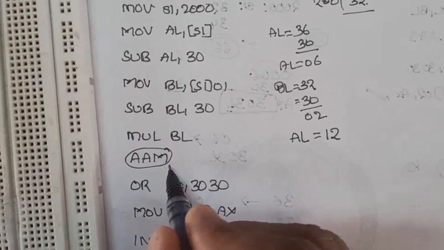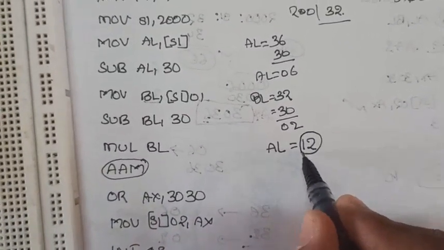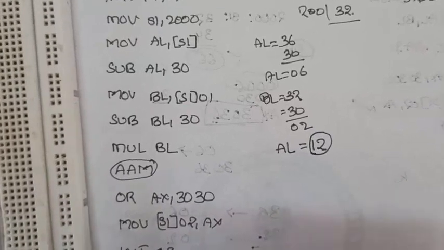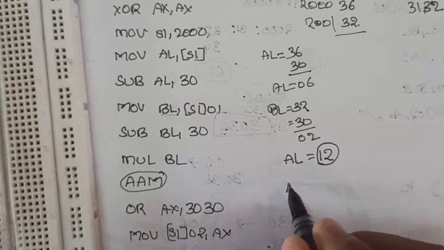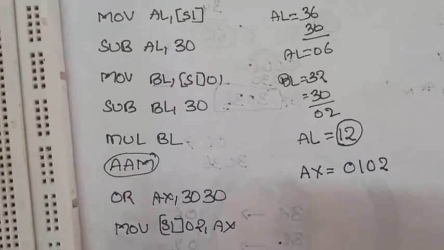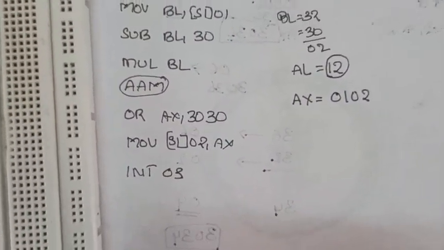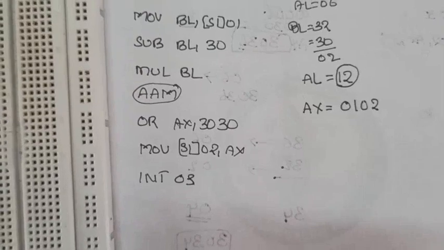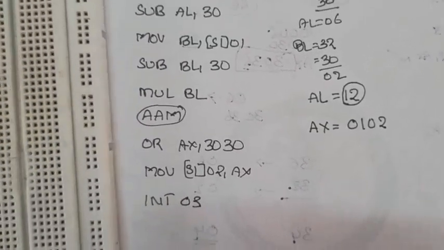What this ASCII adjust after multiplication does is it converts the data available in the AL register into the unpacked form, that is, it converts it into the form 0102. That is the purpose of AAM. So the AAM instruction converts the lower order data of the AX register into unpacked data form.